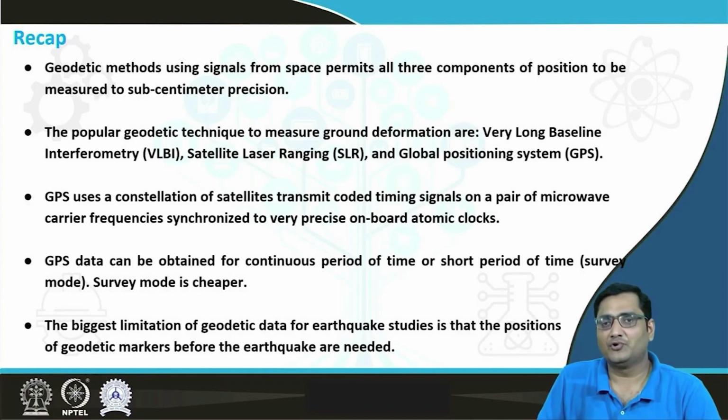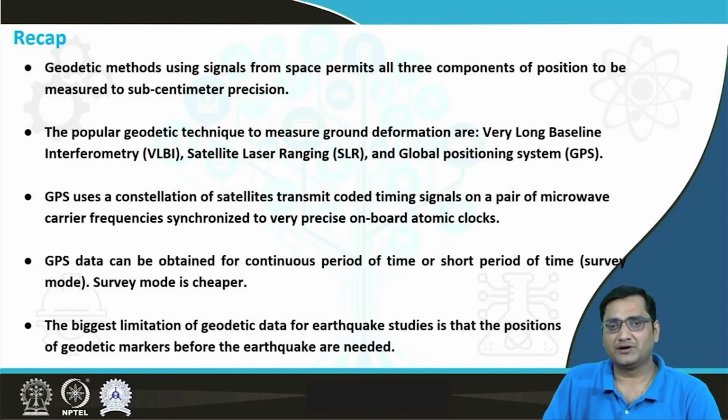In the survey mode, we install a GPS at a particular location for a shorter period of time. Then we revisit the place after some time. That is how we recollect the data. In the continuous mode, we keep an instrument for a longer period of time at a particular place that collects continuous data. The latter one, that is the survey mode, is much cheaper than the continuous mode of data collection.